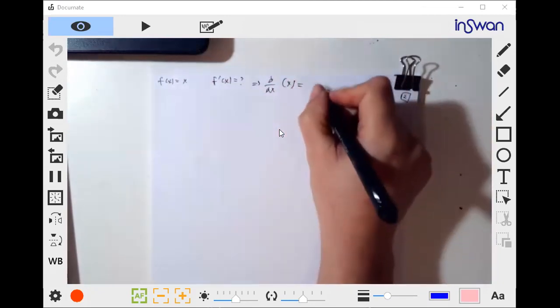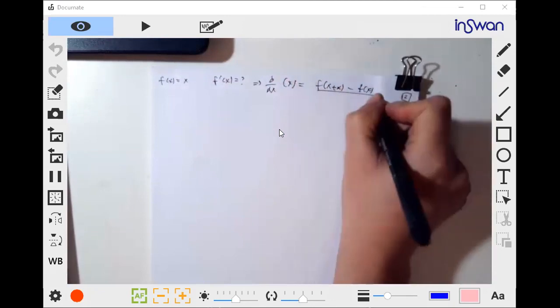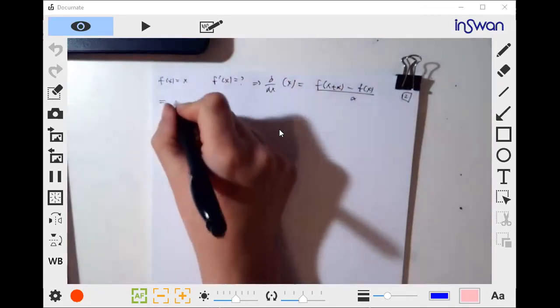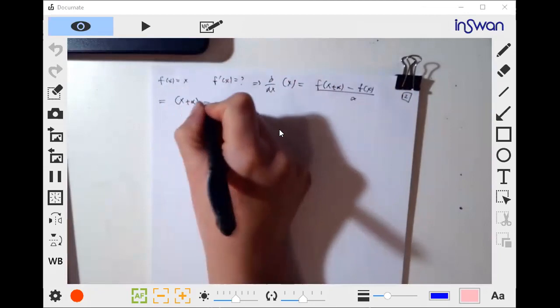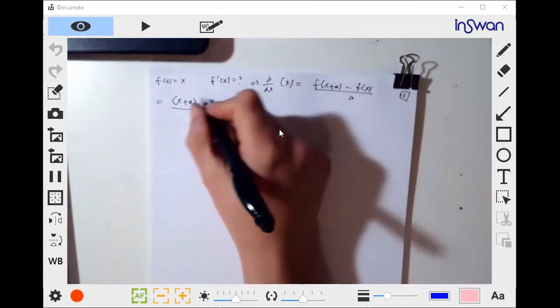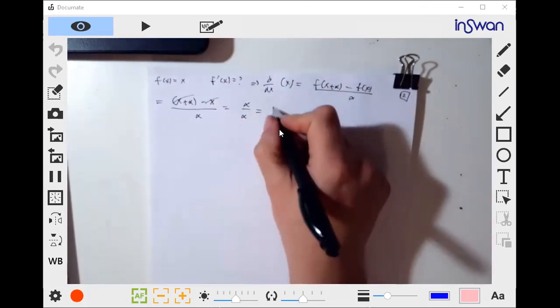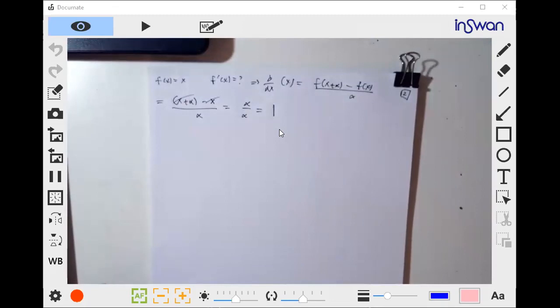But notice that's f of x plus alpha minus f of x all over alpha. Notice that this equals x plus alpha minus x all over alpha. So these can cancel and we get alpha over alpha, which is equal to 1. Whether alpha is positive or negative, it's always equal to 1. So it seems like the derivative of x is just 1.